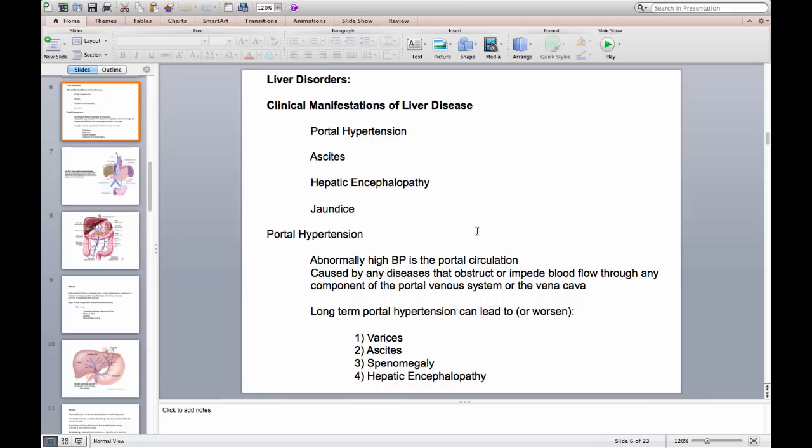It escapes the vascular space, right? So fluid starts to escape the vascular space because we don't have the oncotic pressure to keep it there. So it escapes into interstitial space and into this third space of the belly, of the peritoneum. All right, good.